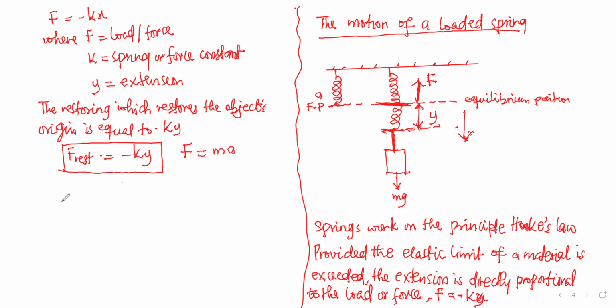So we equate ma to minus ky, which is the extension. And because you are looking for the acceleration, make a the subject. a is equal to negative k over m times y.